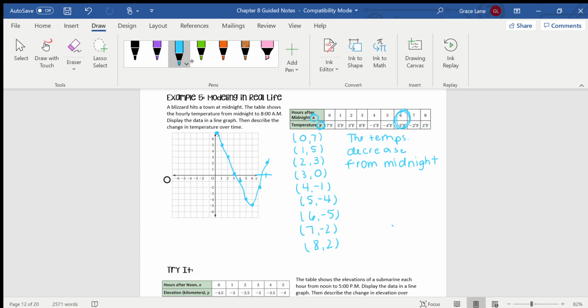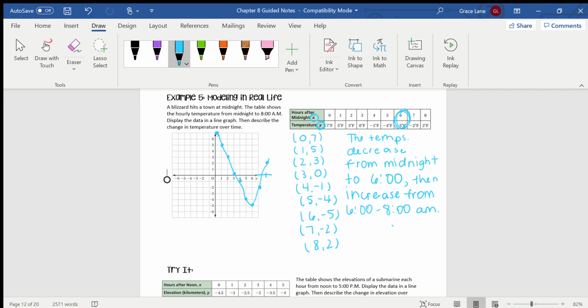Okay, anyway, from midnight to 6, and then increase from 6 to 8 a.m. And so the description is just me reading my graph.